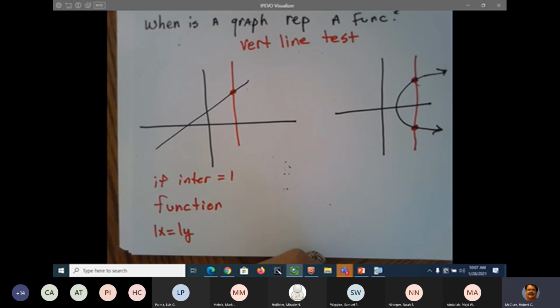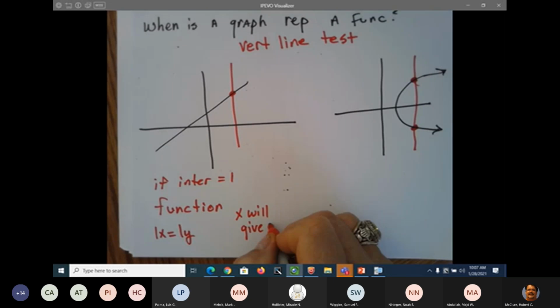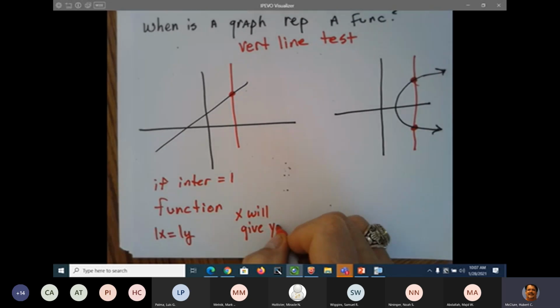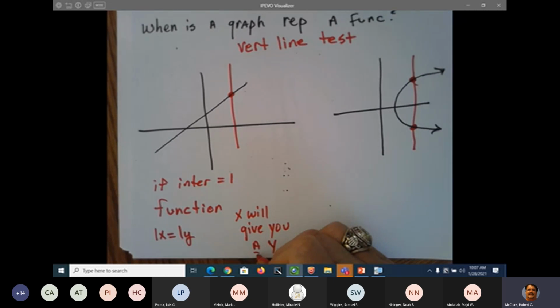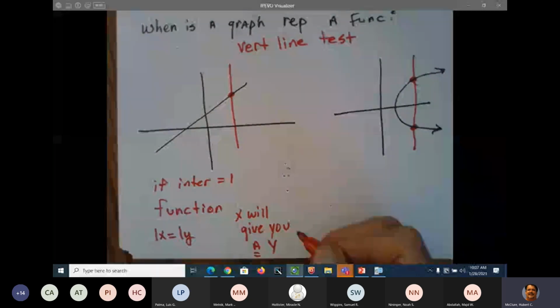An x will give you a y. Notice I underlined a. A y, not 2 y's.